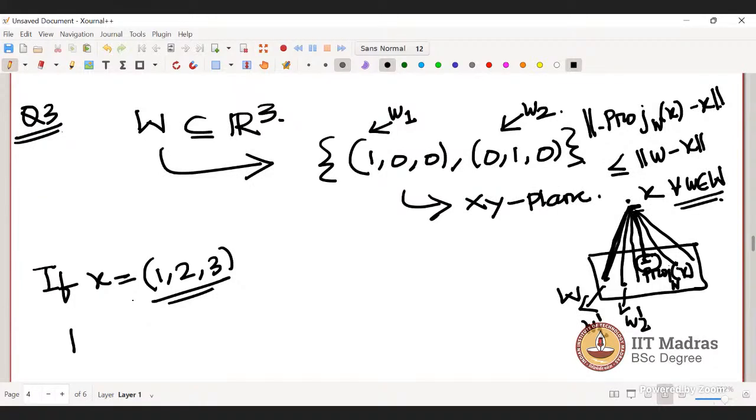Sir, the perpendicular vector which you are calling the projection of x, just to be a minimum, it has to be perpendicular to the XY plane. Then only we can say this is the minimum vector, because the perpendicular length is always the minimum length among the other projections, sir.